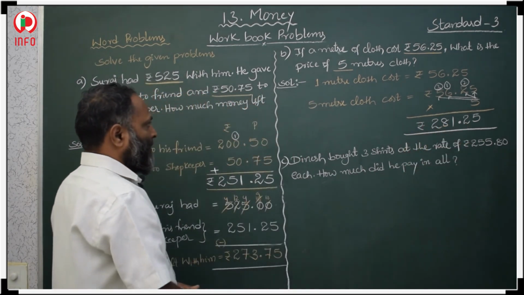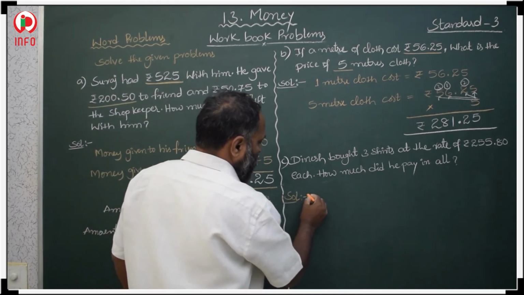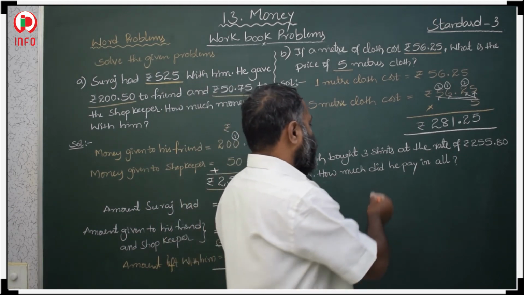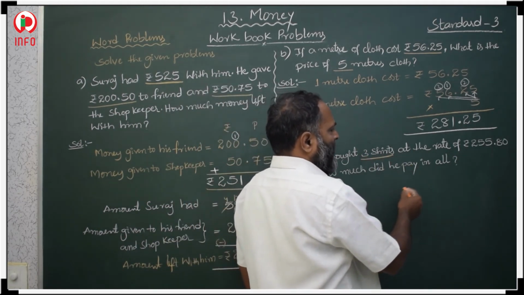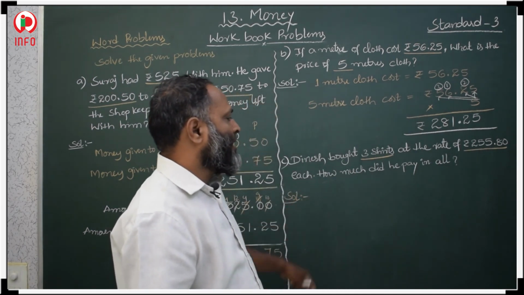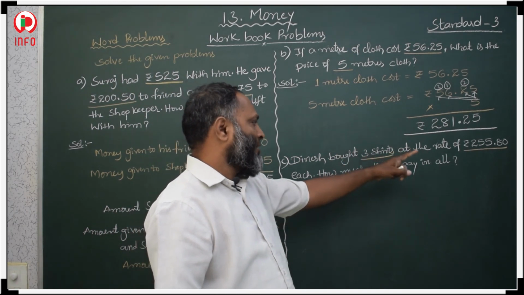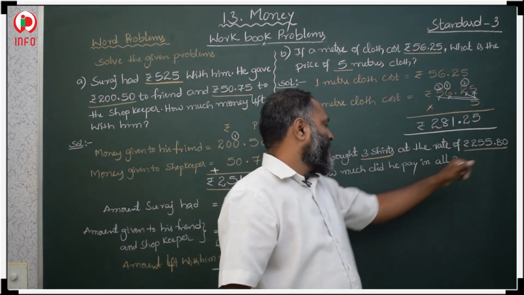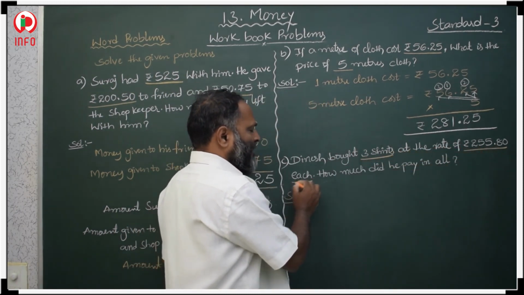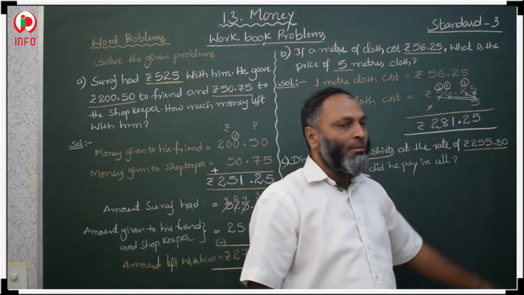Okay. Now next, Dinesh bought 3 shirts at a rate of 255 rupees 80 paisa. Then how much did he pay in all? So Dinesh bought 3 shirts at a rate of 255.80 for each, which means one shirt price is 255 rupees 80 paisa.